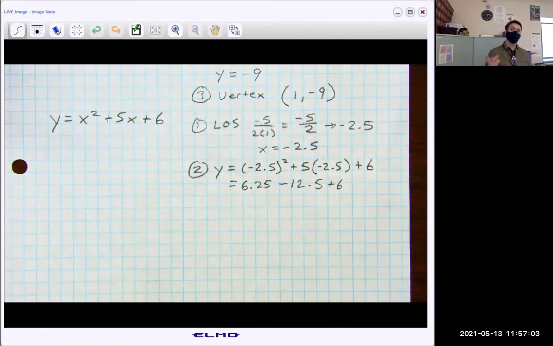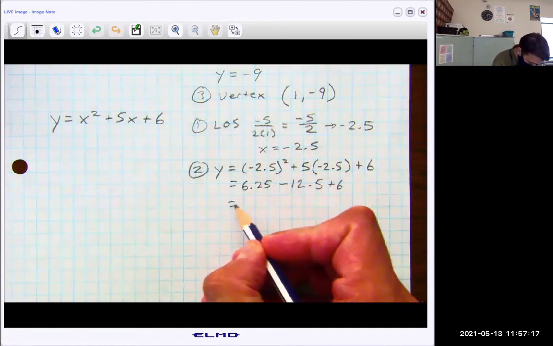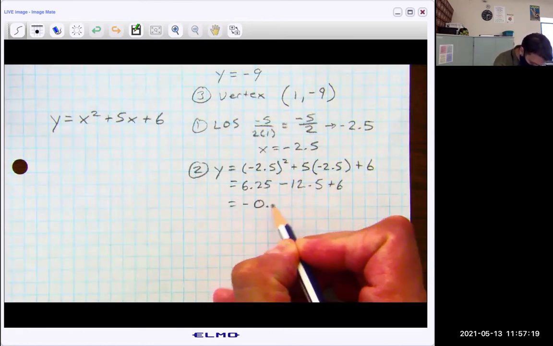And then when I get to this point, I just like to put all those in my calculator and find out what it says it is. 6.25 minus 12.5 plus 6. Negative 0.25.